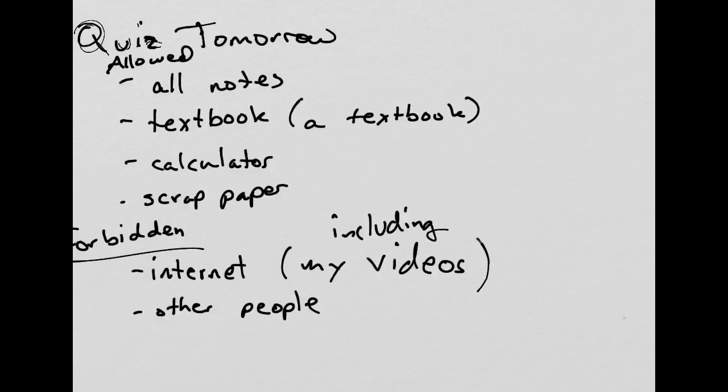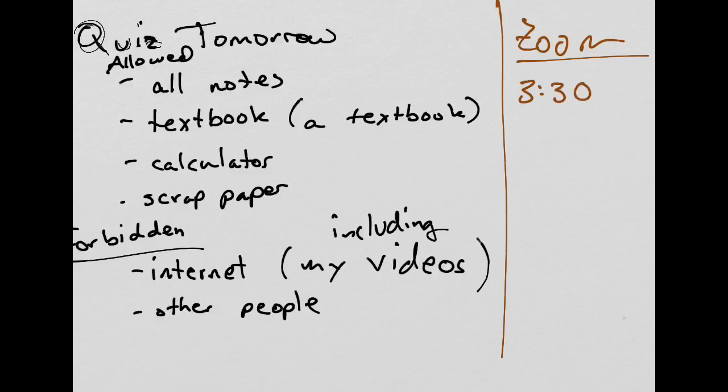So the last thing I want to say is Zoom. I am actually going to hold extra Zooms before your quiz. So there's the normal one at 3:30 today. So 3:30 to 4. I'm also going to hold a later one. And let's say that it's going to be from 8 to 8:30 tonight. So this is today.